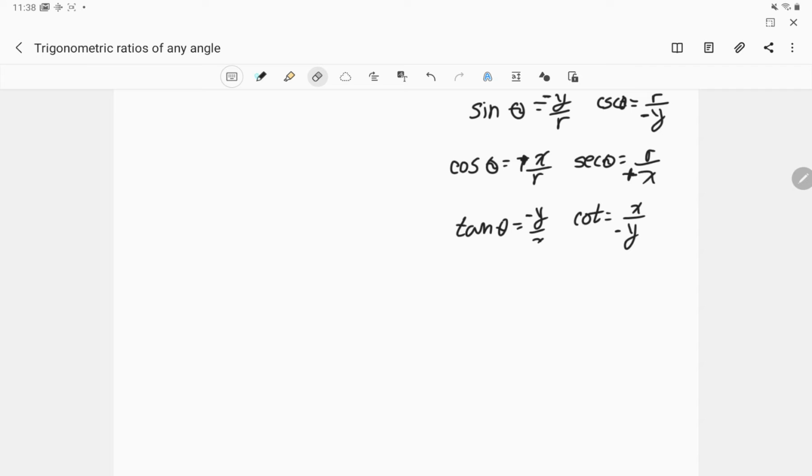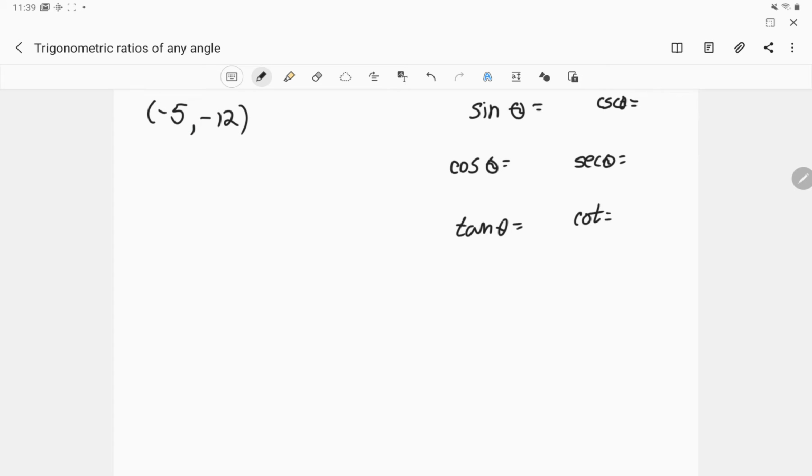It asks us to give the trig ratios for a given situation. Okay, and so it asks for sine, cosecant, cosine, secant, tan, cotangent. But all it gives us is a point of -5 and -12.